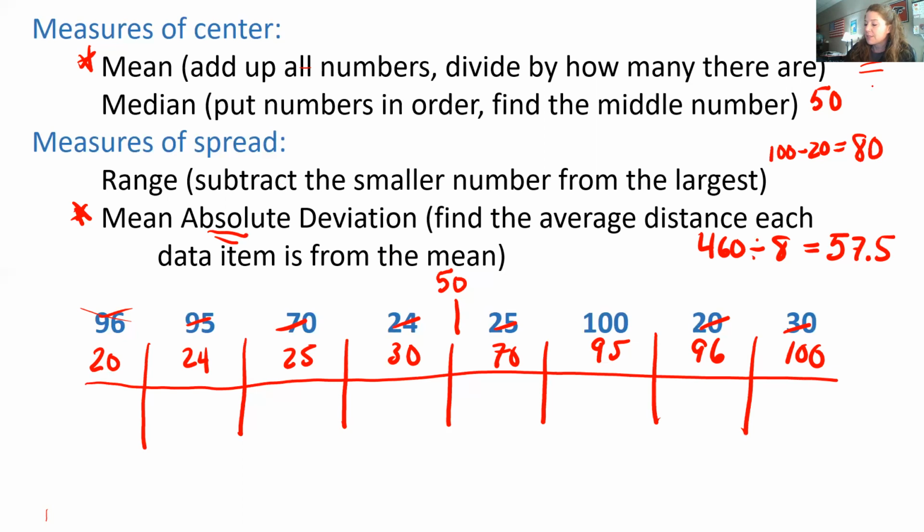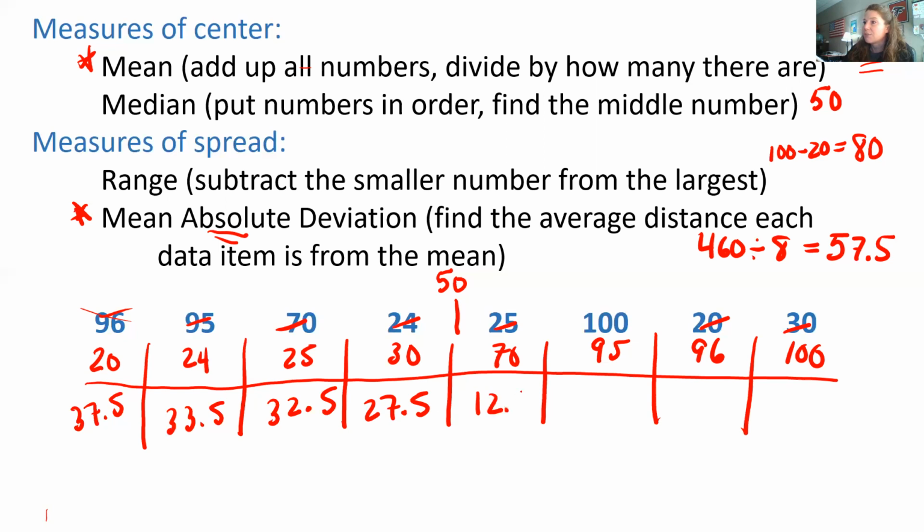So for the first one, I'm subtracting 20 from 57.5, and I get a difference of 37.5. 57.5 minus 24 is 33.5. That would be 32.5. 30 would be 27.5. 70 minus 57.5 is 12.5.